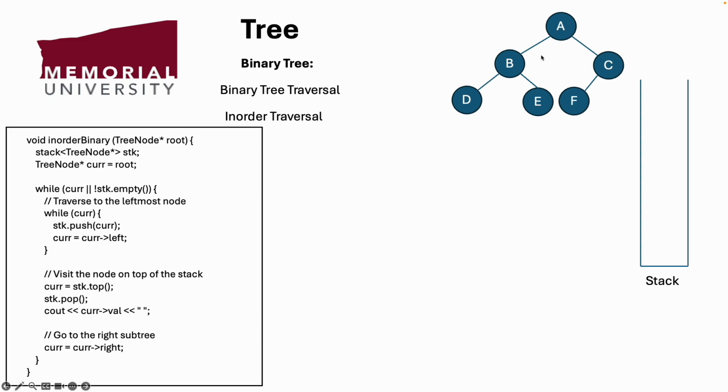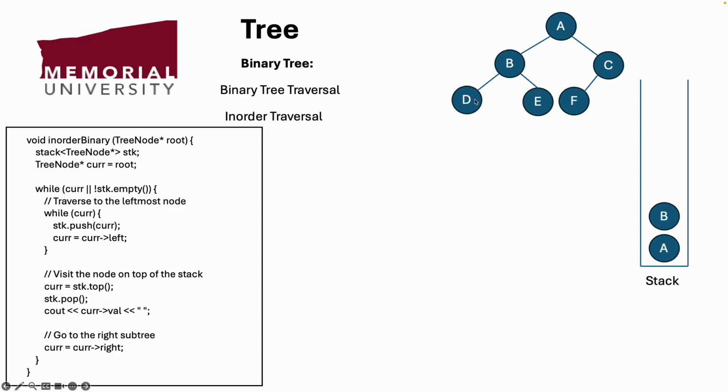Then current equals current left, so current is now pointing to B. Because the current node points to B, which is not none, the stack is going to push node B. Keep going, and then current will equal current left. From B, the left child of B is D, so current will be pointing to D.